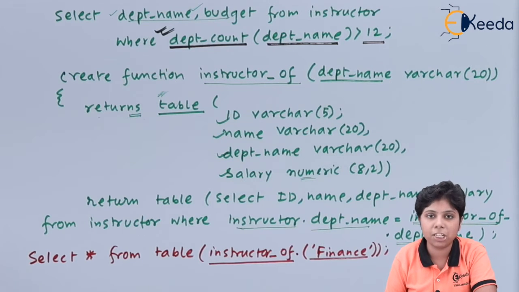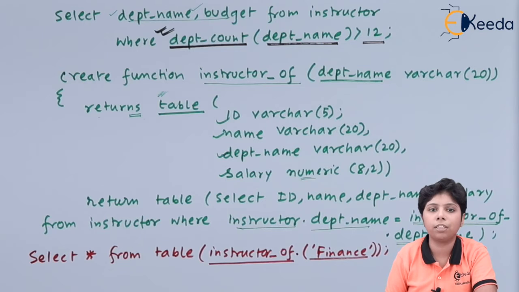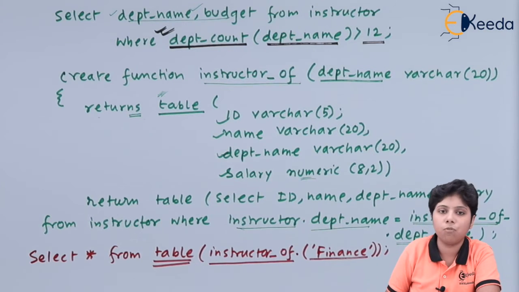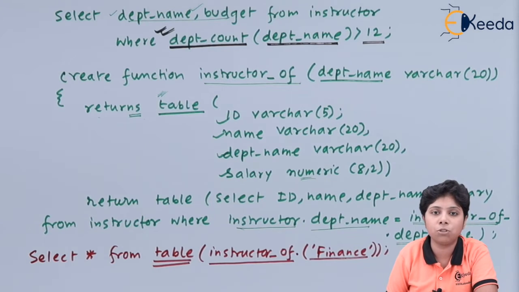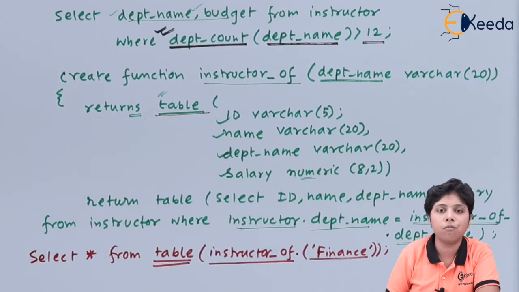So in this way we can use the function to create a table or a parameterized view out of another big relation. Now see, I have used the table keyword here other than using the actual table name, because I have returned a table from the function instructor_of.